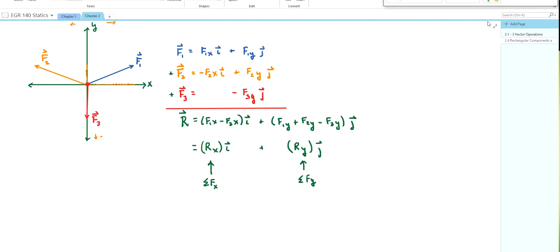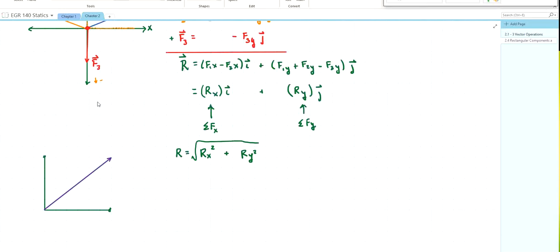So what is the magnitude? What does R equal? The final magnitude. Well, R equals the square root of Rx squared plus Ry squared.